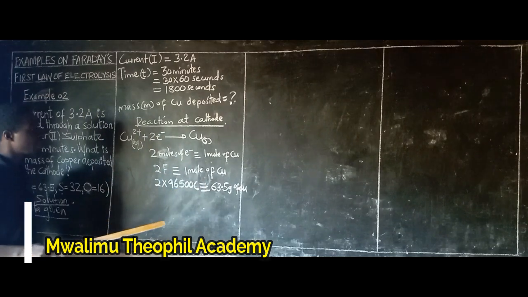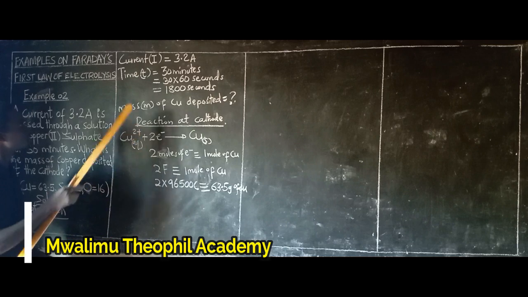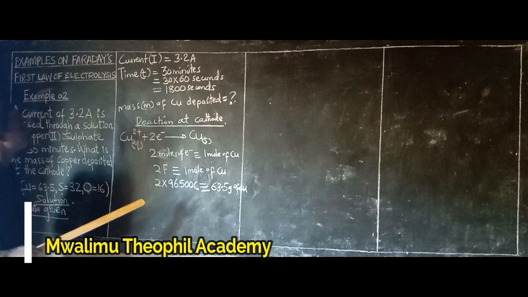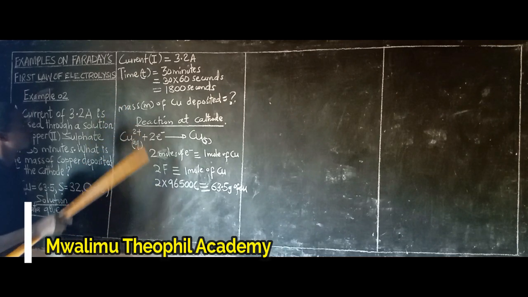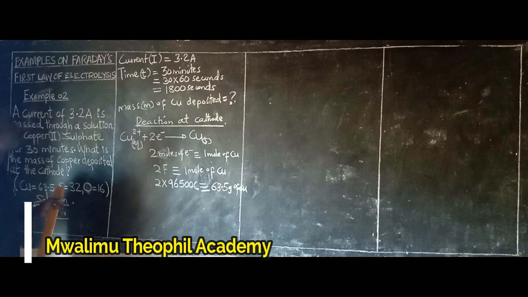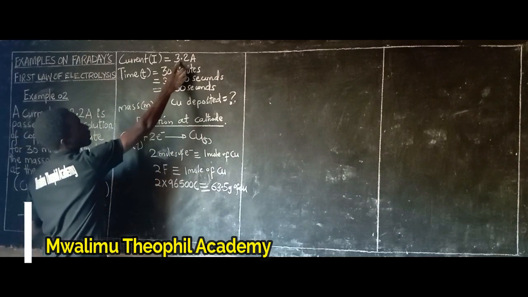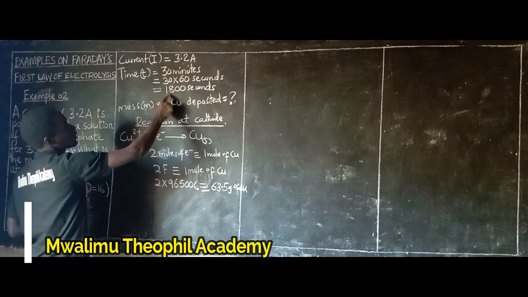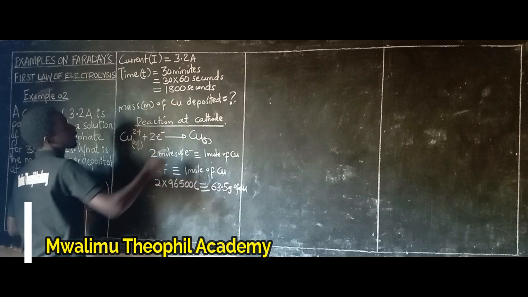Now let us compare it with the data from the question. From the question, we are given the current of 3.2 ampere and time of 1,800 seconds.